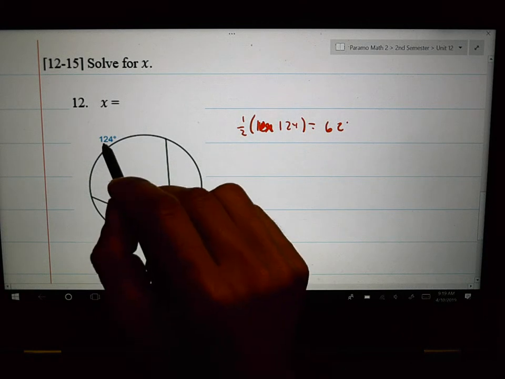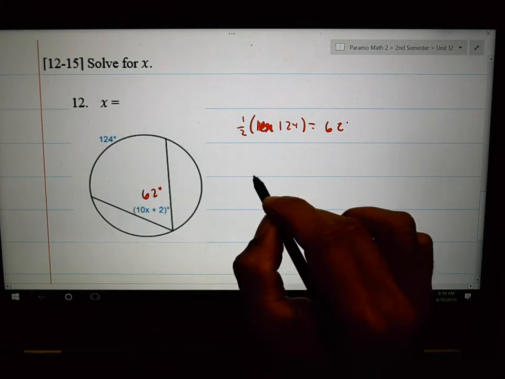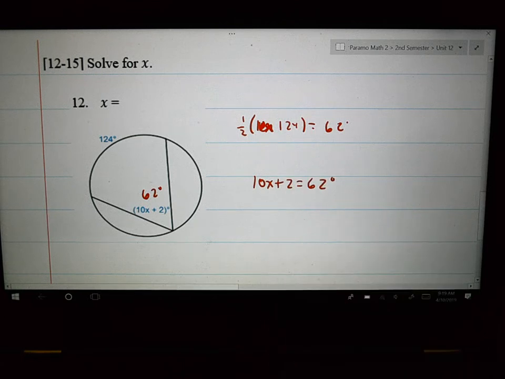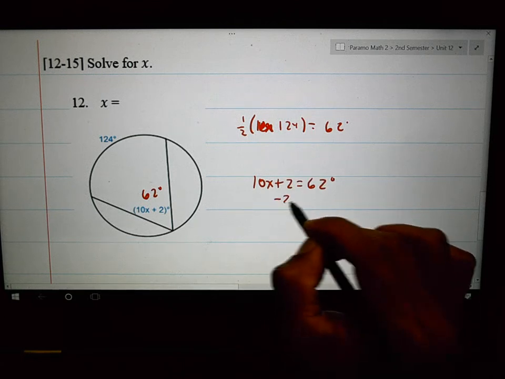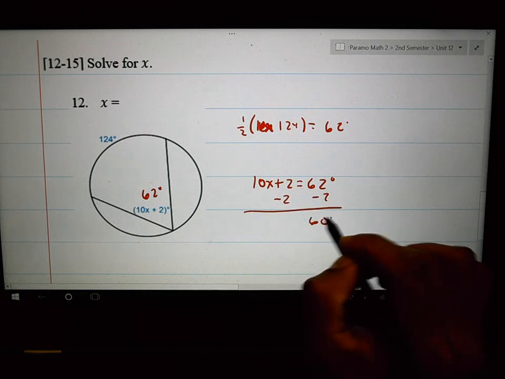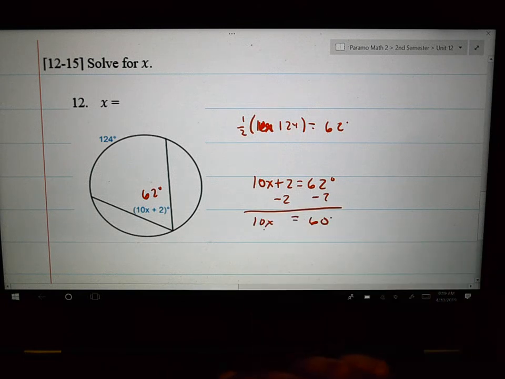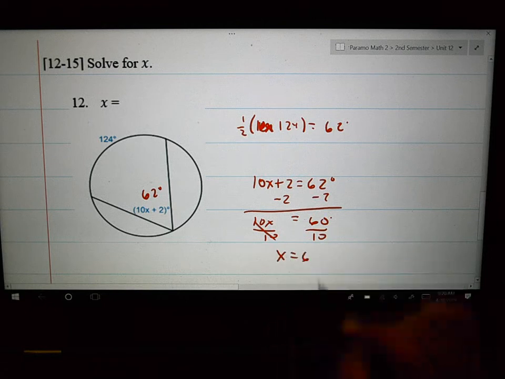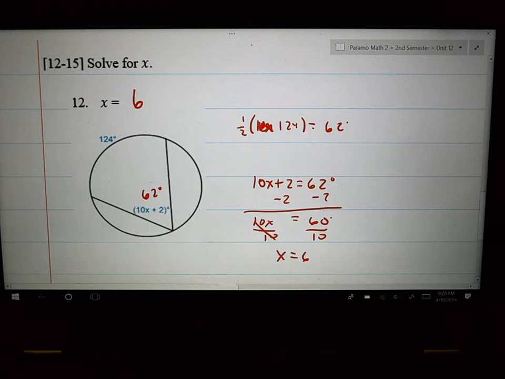If that's 124, that has to be 62. That means the 10x plus 2 has to equal 62 degrees. We can subtract 2. Oh, that's easy. It goes in nice and even. They were really kind to us and gave us a nice, easy, even answer.